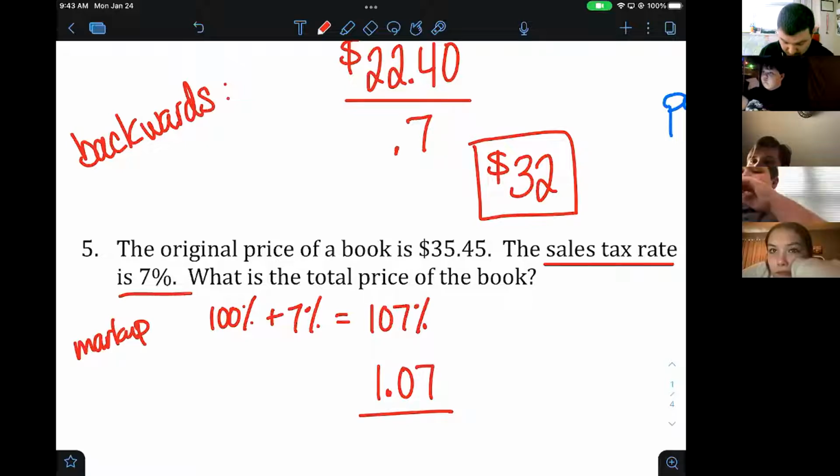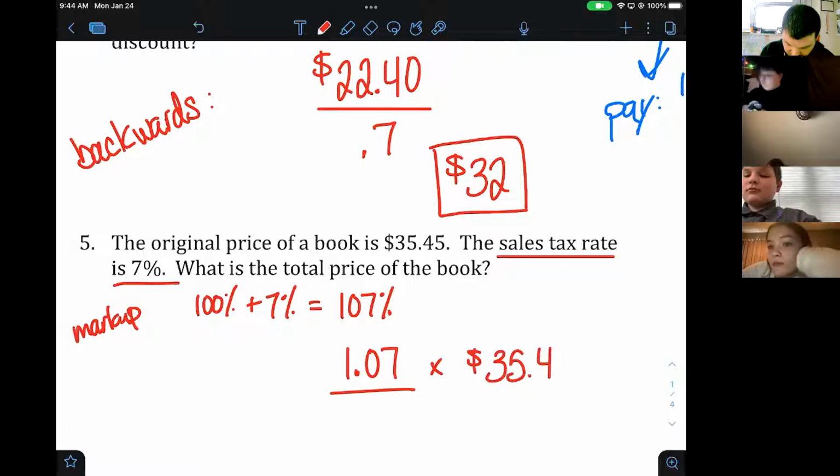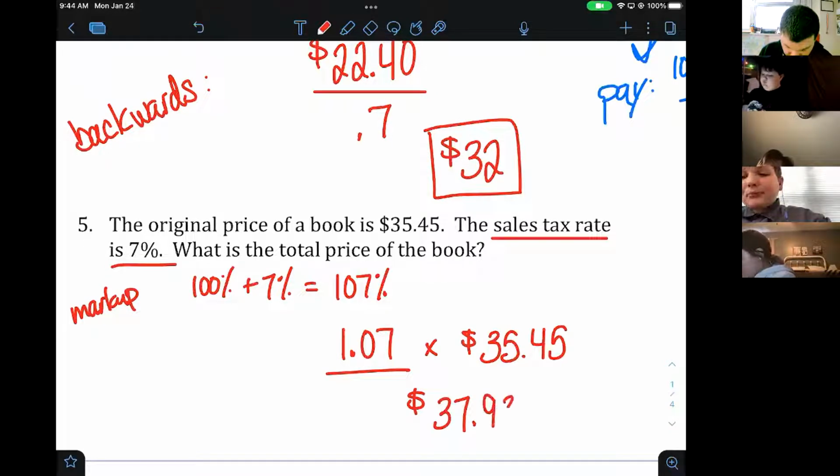So here, the book costs $35.45. So we're going to times that by 1.07. 35.45 times 1.07 is going to give us a price of, I'm going to have to round this, $37.9315.